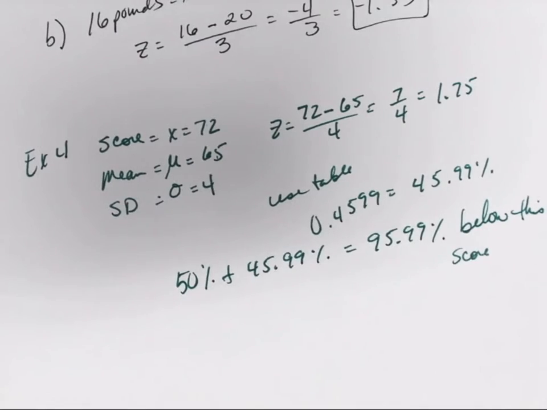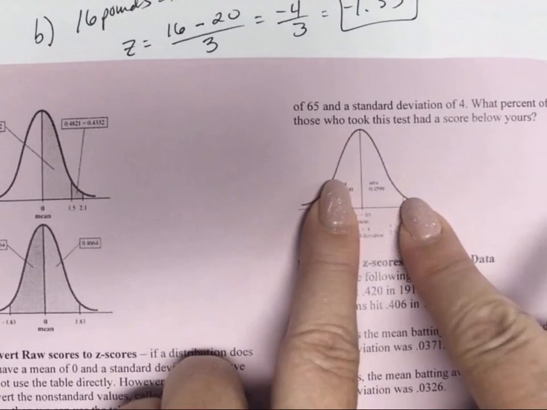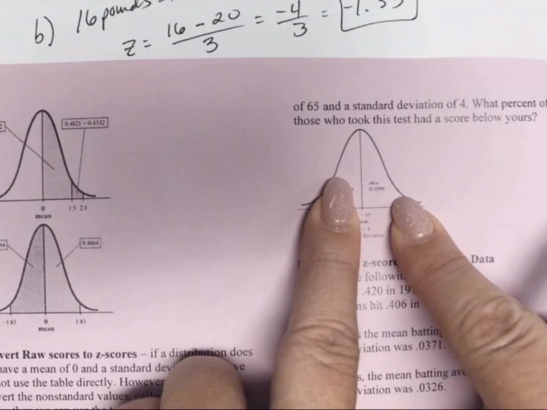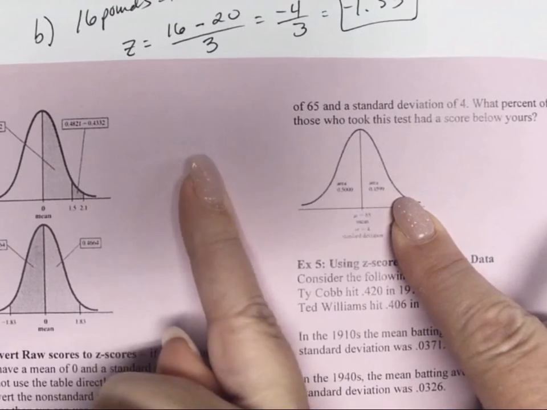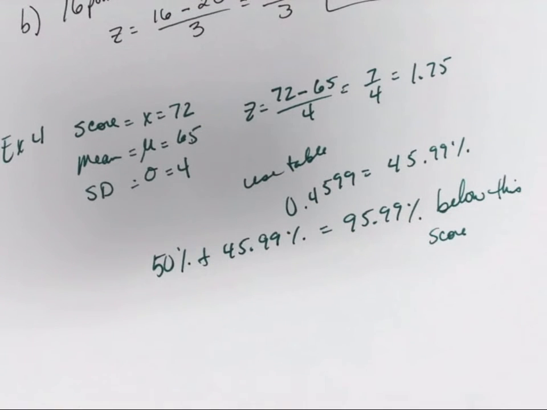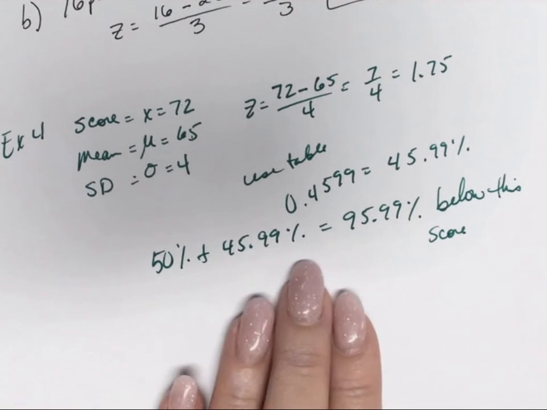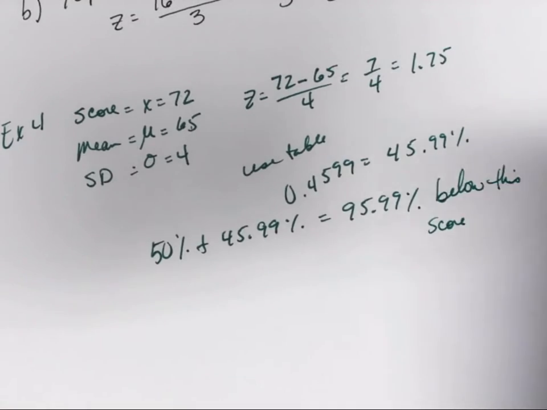Because on your z-score, you're finding the percent that's here. You have to add that whole percentage on that bottom half, and that's why we end up with that, adding the 50% that were below the mean.